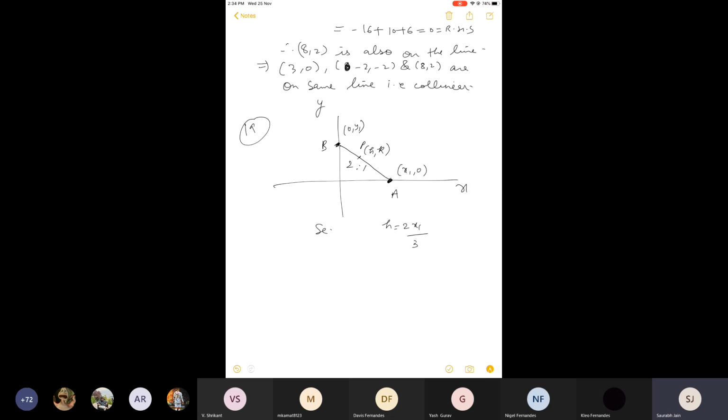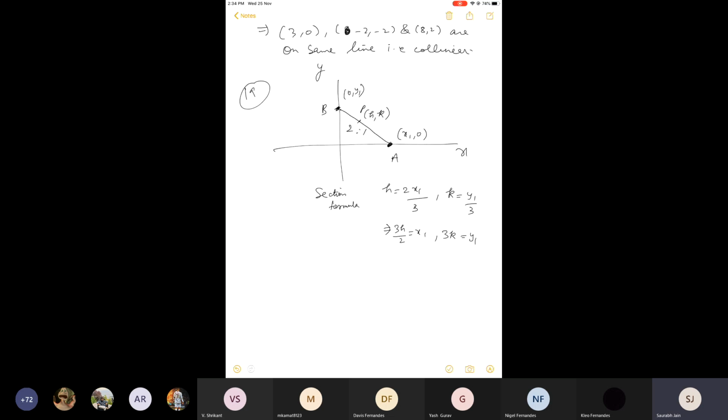This is the section formula, okay? And similarly, we will use the section formula for the y coordinate. So K is 2 into 0 plus 1 into y1, upon 3, so y1 by 3. From here, you will write values of x1 and y1. So what is x1? 3h by 2. What is y1? 3k.